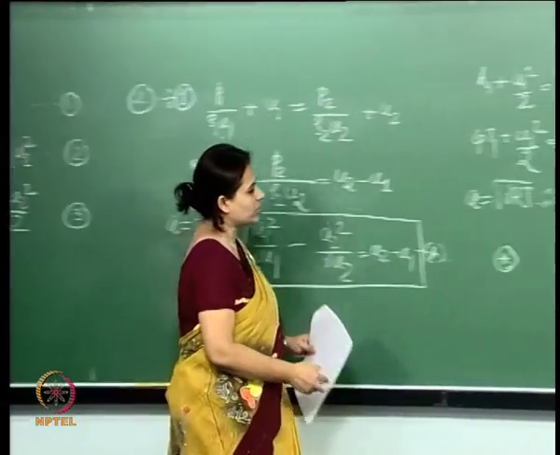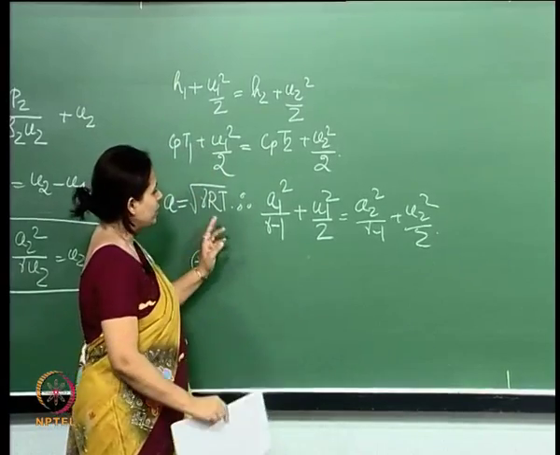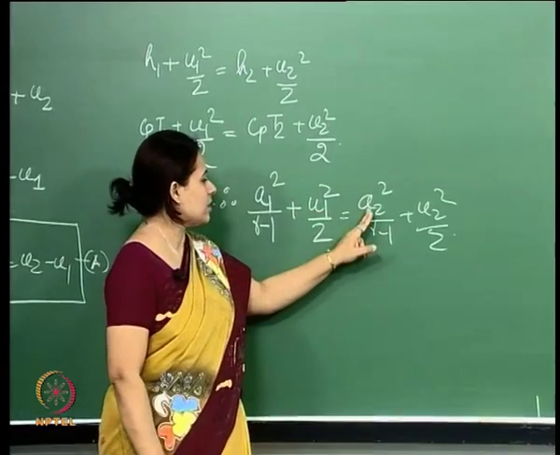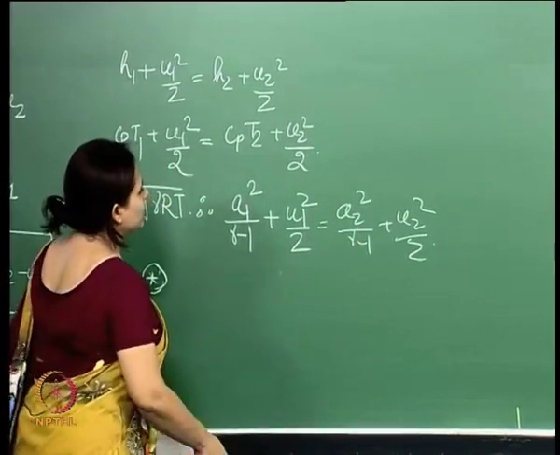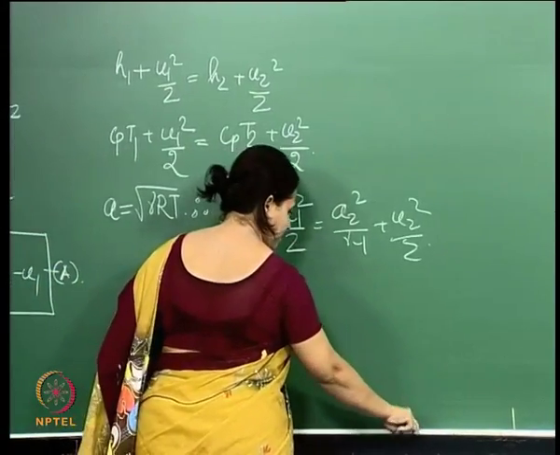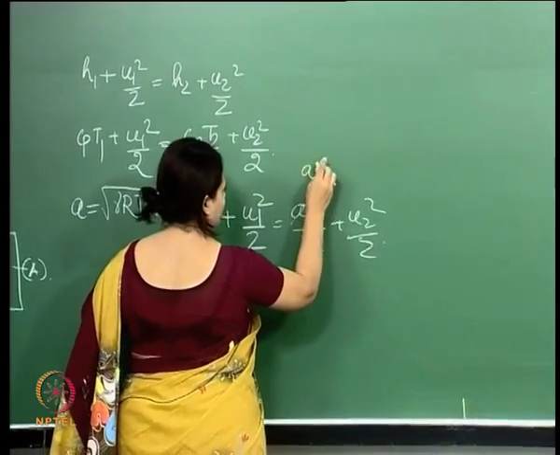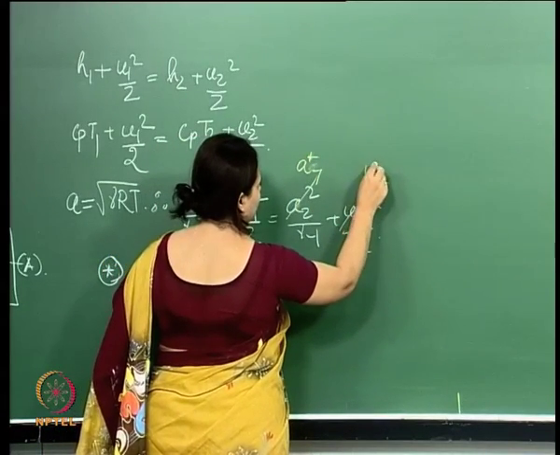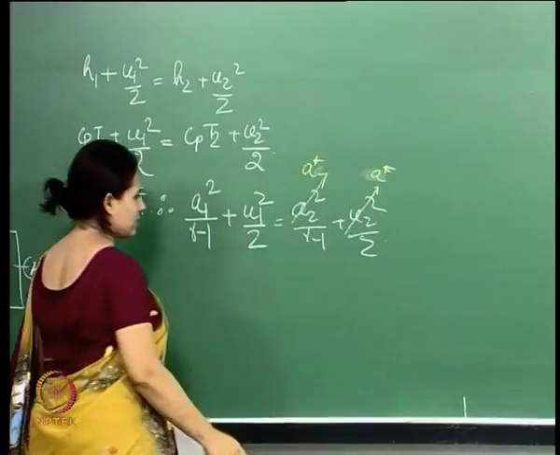Okay. So, coming back to our equation here, if we introduce the star region over here, instead of taking the second region as the sonic region, then this becomes a star, and at that point this is also equal to a star, right.